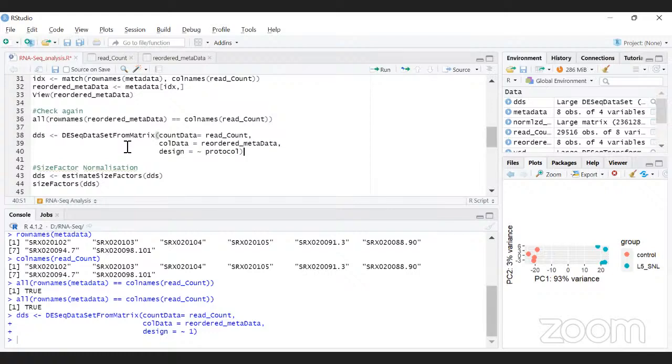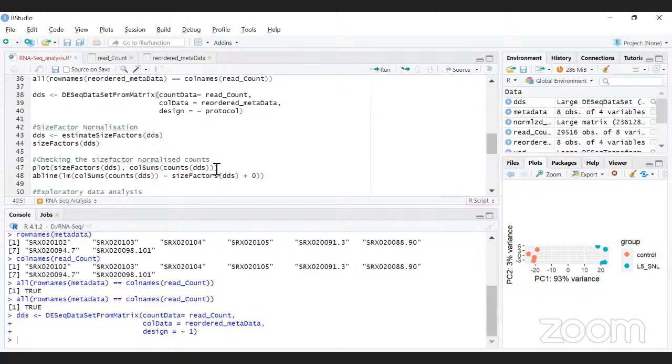Without any assumption, you are going to look at the data and see which is the main variation causing source. There are two varying sources, one being the protocol and the other being the week at which the samples were sequenced. That's what we are going to do right now. So to not give any presumption, you just put the design matrix as one.